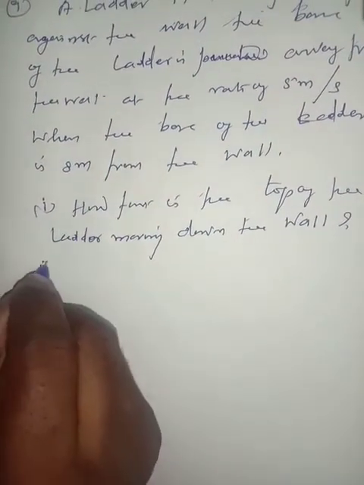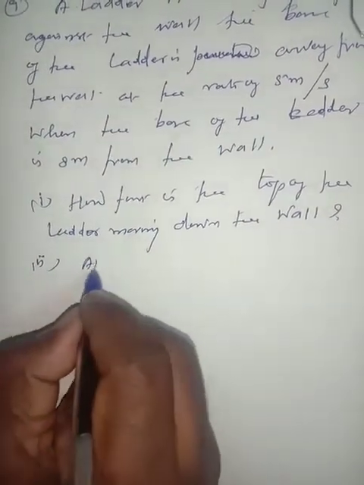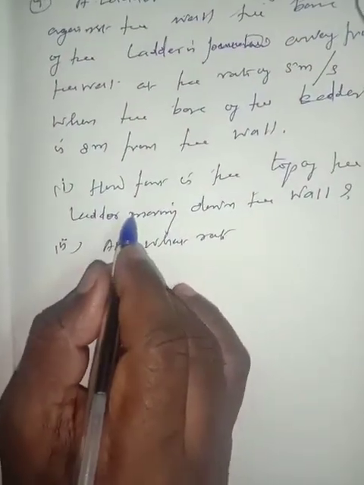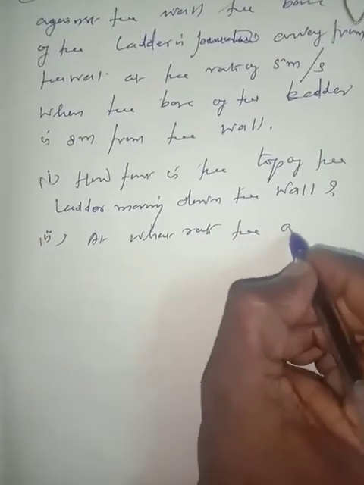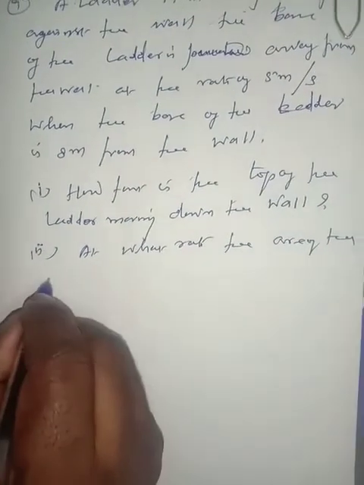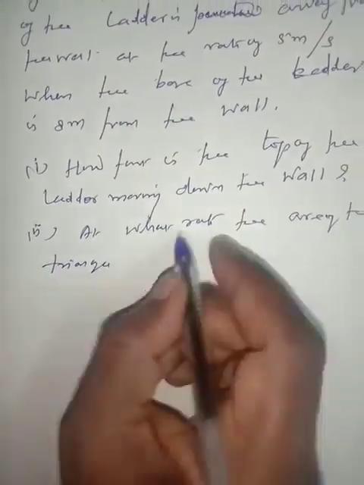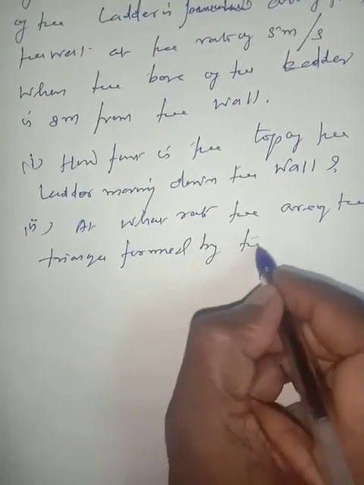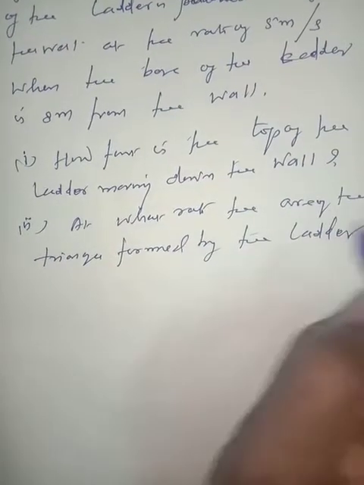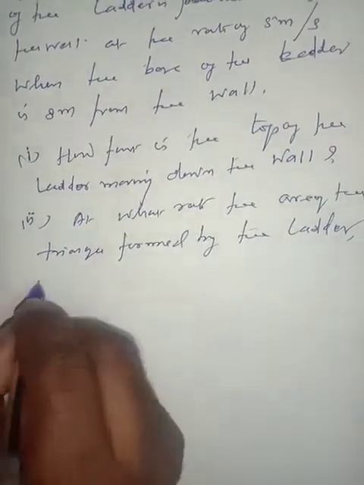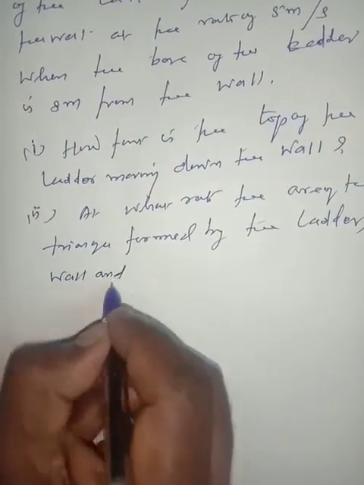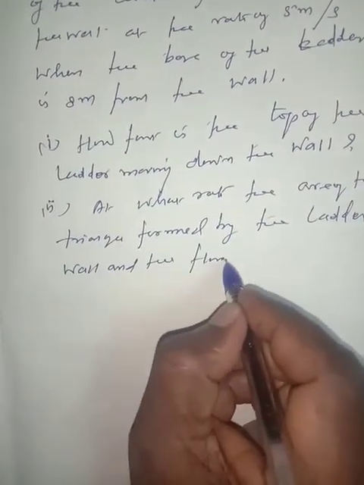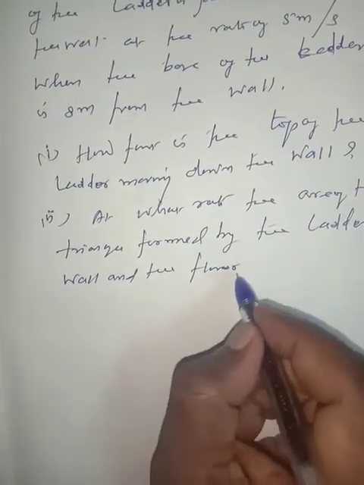Number 2, at what rate is the area of the triangle formed by the ladder, wall and the floor changing.